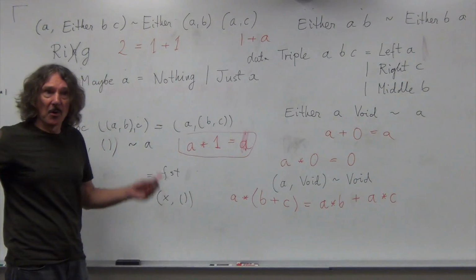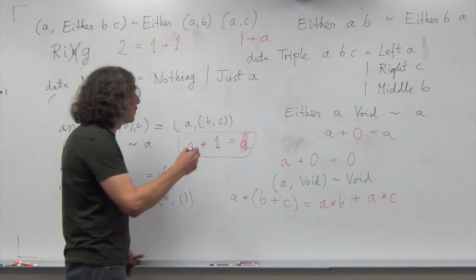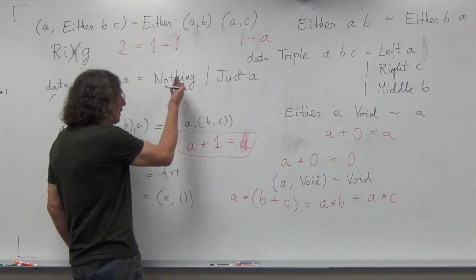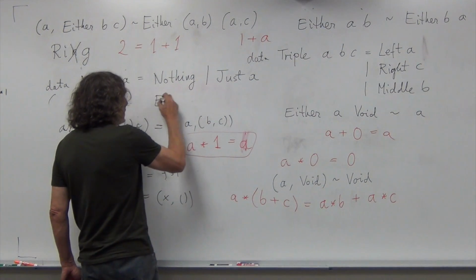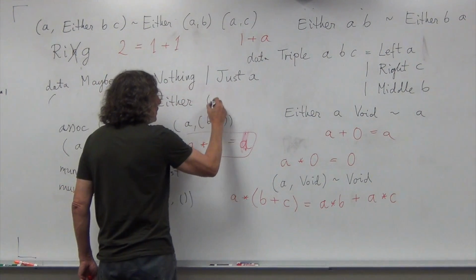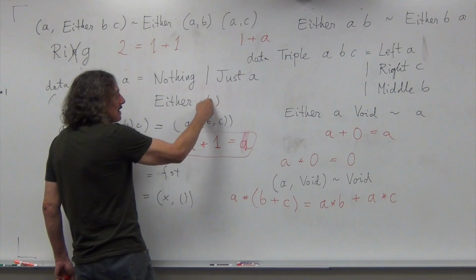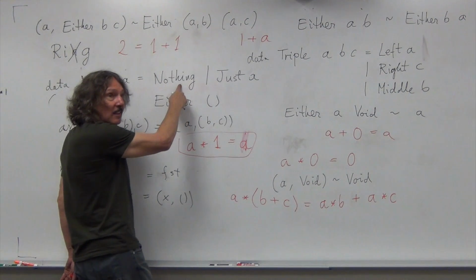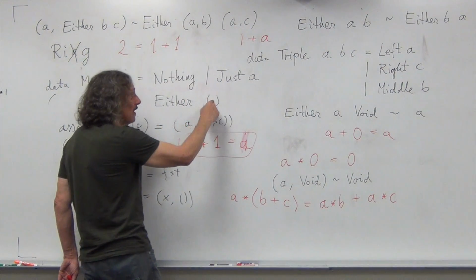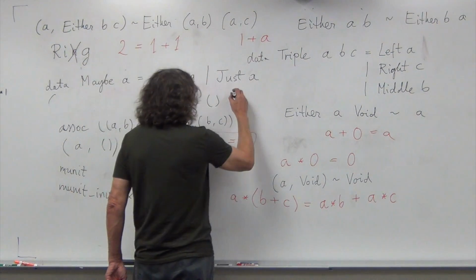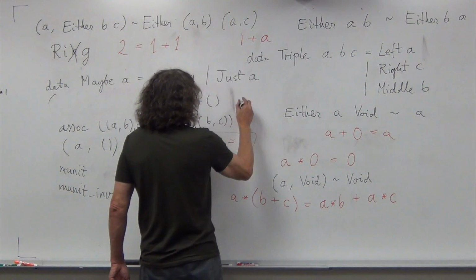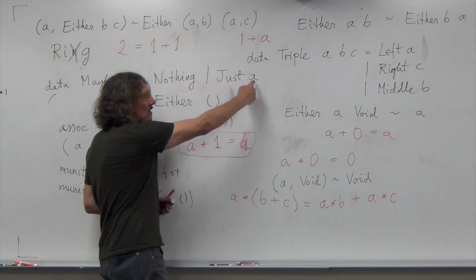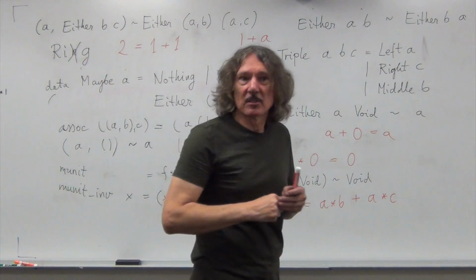One constructor which takes no arguments. So it's really equivalent to unit, because you can just construct it out of nothing, literally. So this is equivalent to either unit. It's just we are giving this unit a name here. Instead of saying left unit, we say it's called Nothing now. So we are just renaming left unit. We are calling it Nothing. And right A, we are just calling Just A.